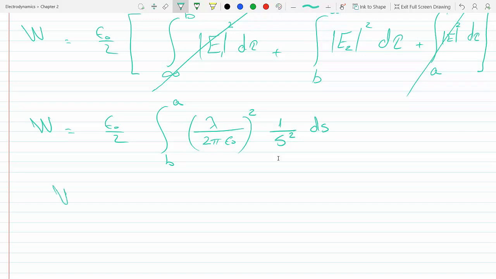And so this will be epsilon over 2 times lambda squared over 4 pi squared epsilon squared, and the integral of 1 over s squared is minus 1 over s from b to a.